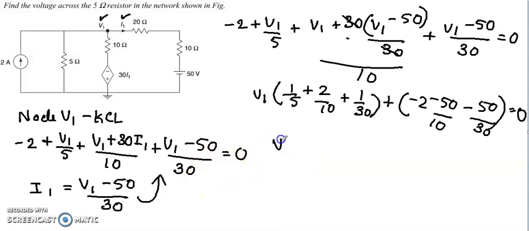So we will get V1 is equal to 20 volt. Okay, this is the voltage across the 5 ohm resistor.